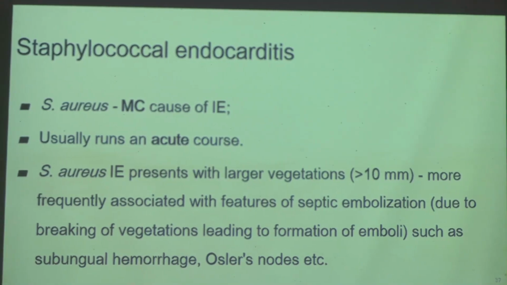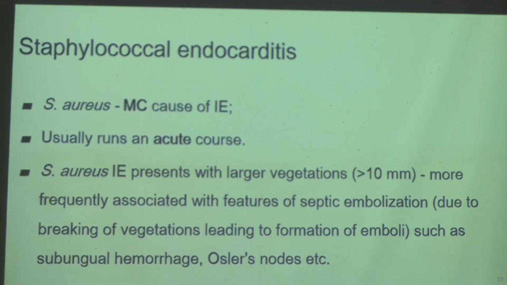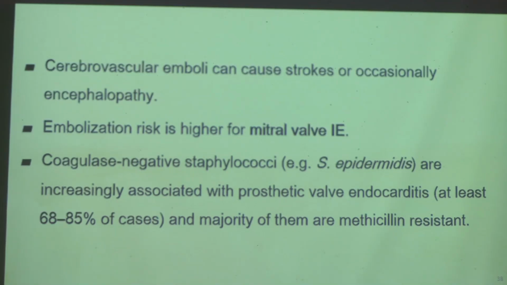Now we'll see some special endocarditis cases. Staphylococcus is the most common, and mostly the native valve is involved. The vegetations are larger and more prone to emboli. As they are larger, they are friable and more prone to develop emboli.